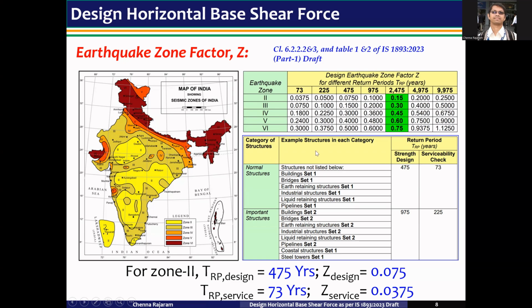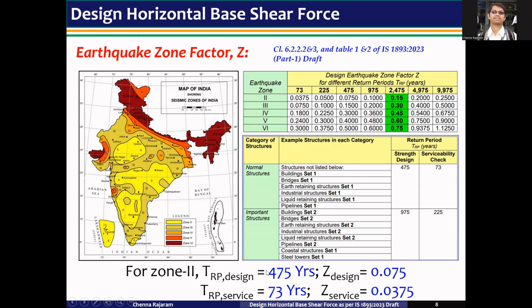For normal structures, the return period for building set 1, for strength design, is 475 years. For serviceability check, the return period is 73 years. So in this IS 1893-2023 draft code, it considers both strength design as well as serviceability check. So a significant revision has taken place in the latest coming version of IS 1893.